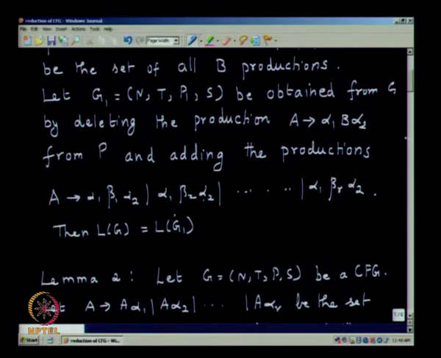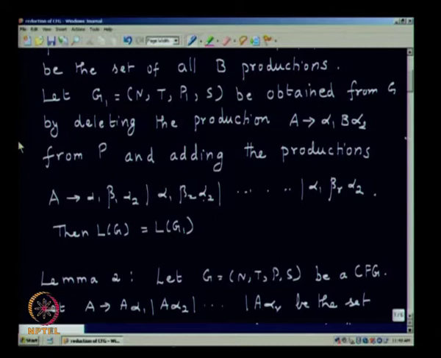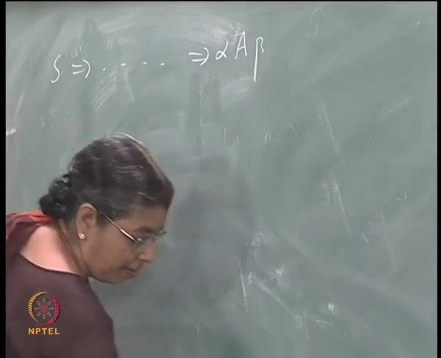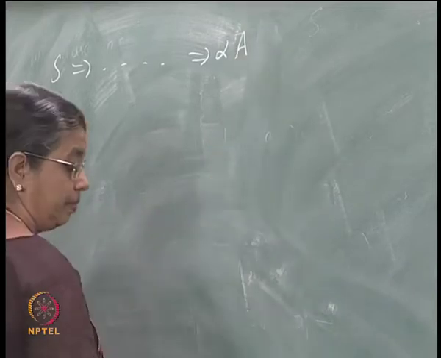So, in essence what happens is, in this grammar I have a derivation, somewhere I have alpha A gamma, probably I can write.